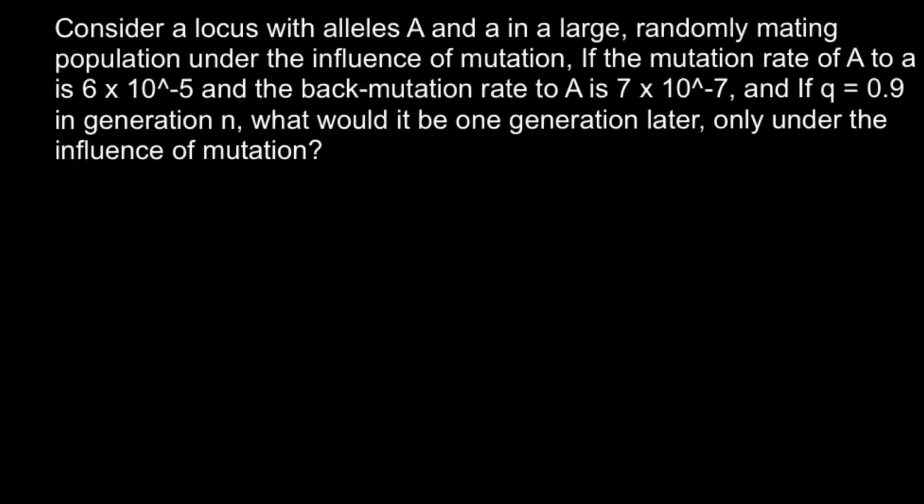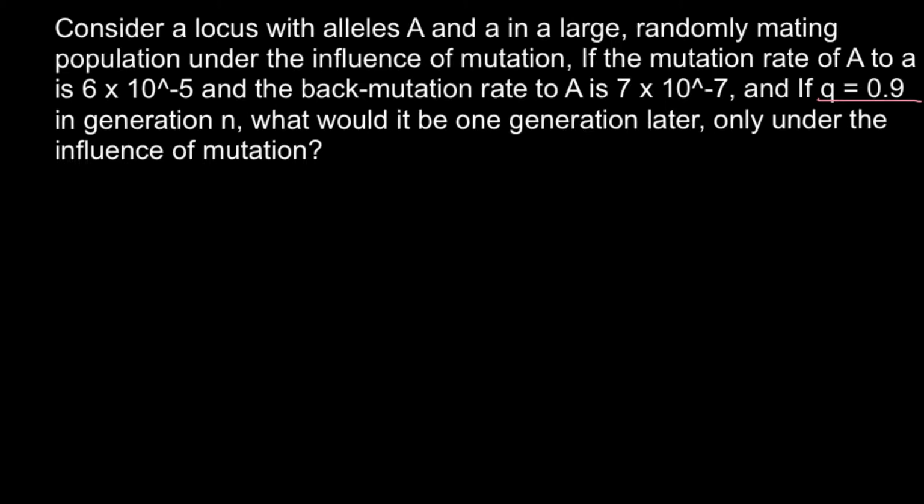First of all, here we have forward mutation and backward mutation, and also we have the current state. So what is the current state? We have q here, and that stands for the recessive allele.